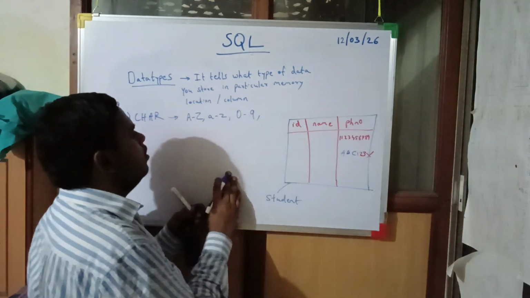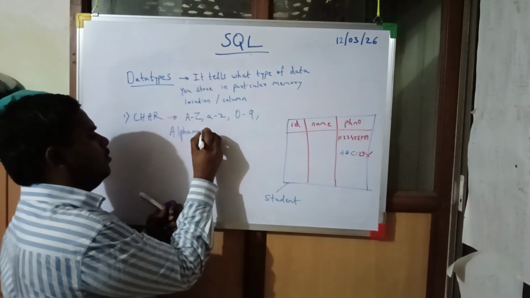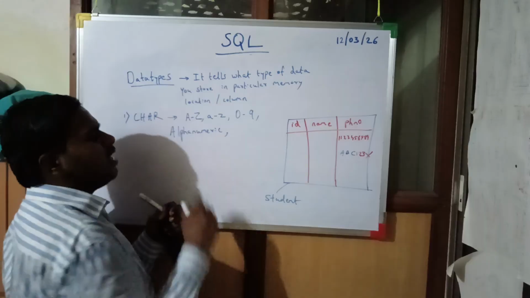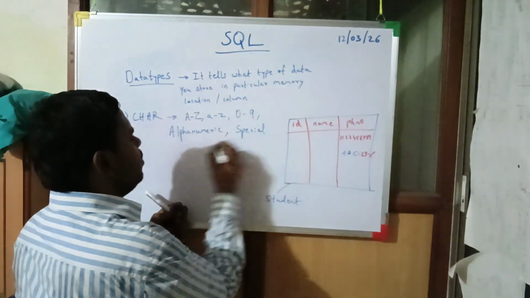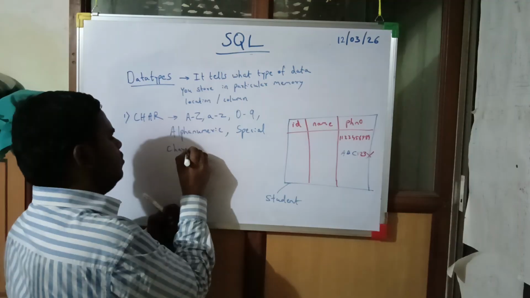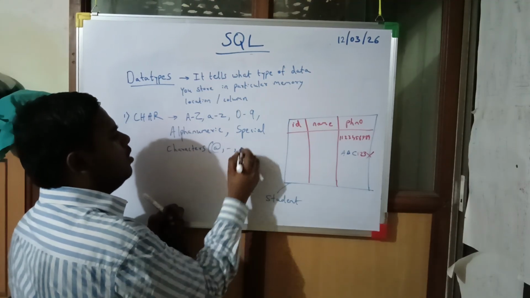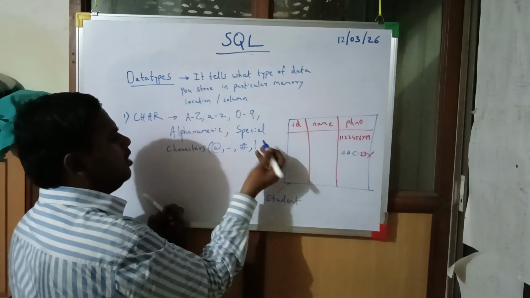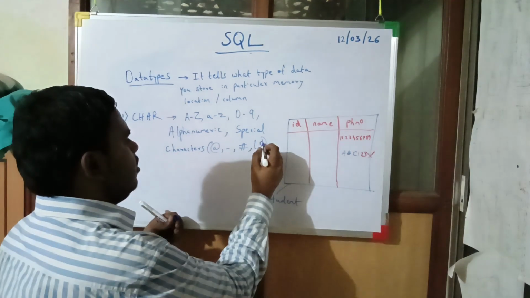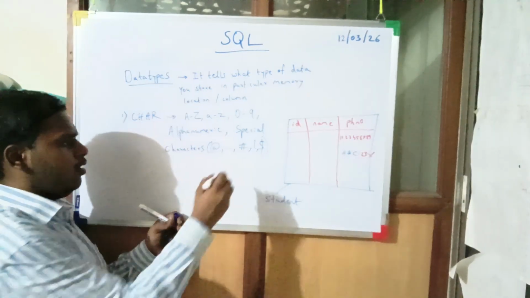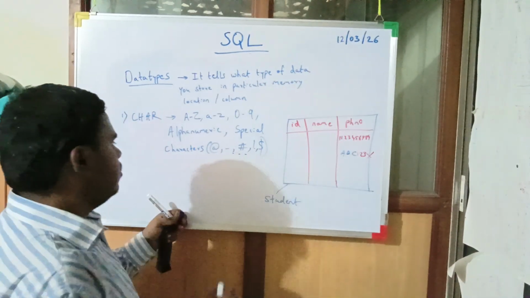Alphanumeric is also there. Special characters are also there. So what are special characters? Special characters like at the rate, underscore, hashtag, dollar. Many special characters are there on the keyboard.